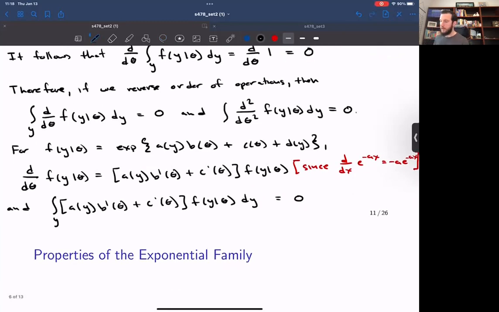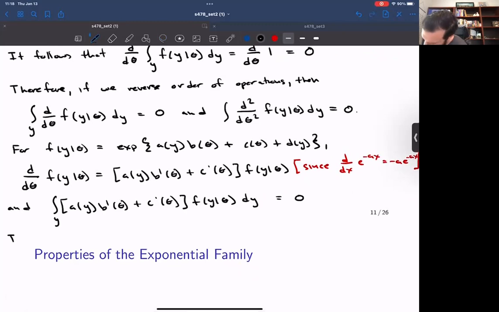All right, so now what we can show is, if we bring the density function inside the expression, we have the integral of a of y b prime theta plus c prime theta, times f of y given theta dy.